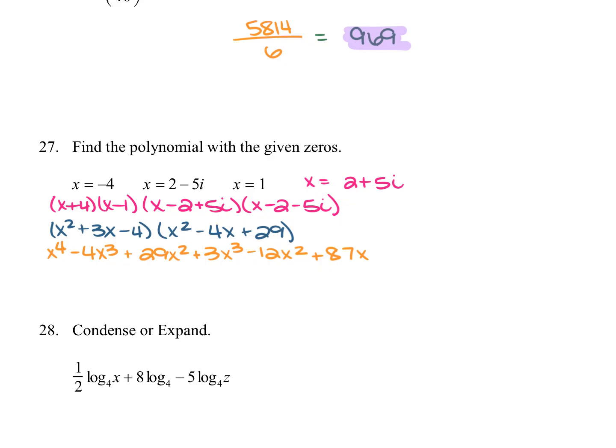Then from here, that -4 gets distributed in to give us -4x squared plus 16x minus 116.